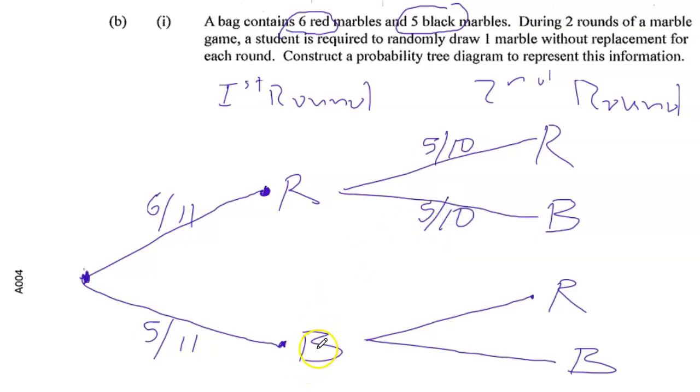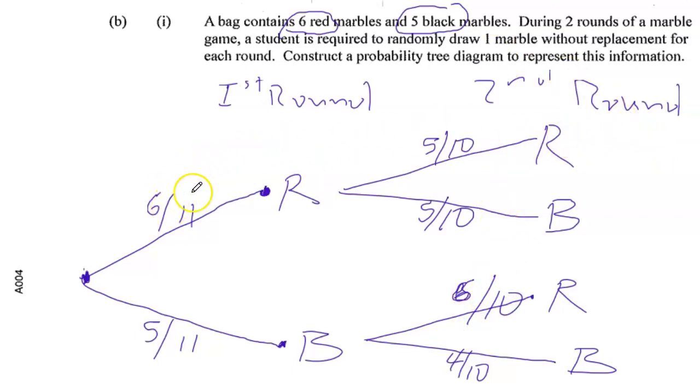Down here is the event where the first marble was black. So you will now have 4 black marbles and 10 in total, so 4 out of 10. Down here, still 6 red marbles since the first one was black. So 6 out of 10. So let's complete the table by multiplying along the branches.